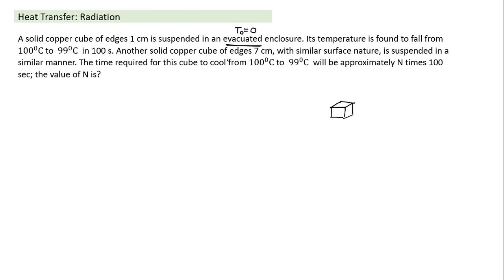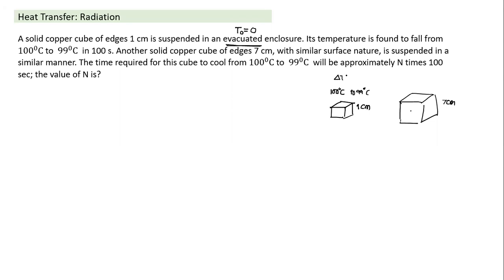Another solid copper cube, of 7 centimeters, so these are two identical cubes, one is 1 centimeter and the second is 7 centimeter, suspended in a similar manner. What is the time required for this cube to cool from 100 to 99 degrees centigrade?